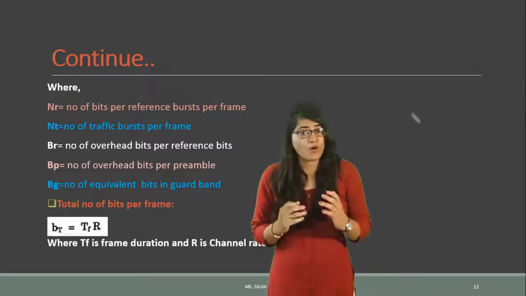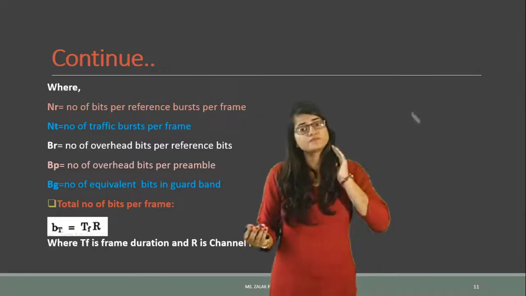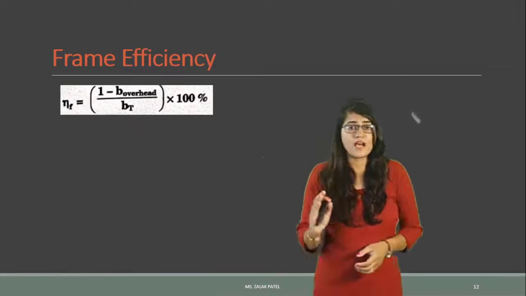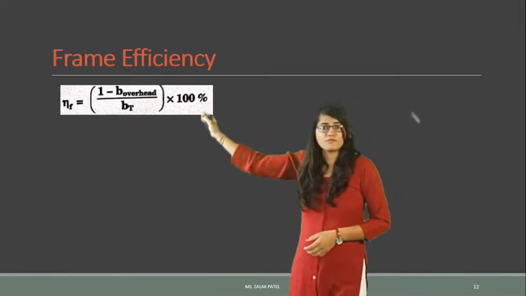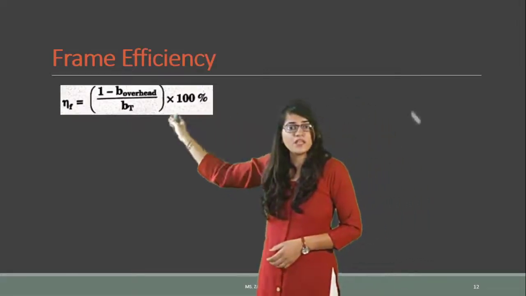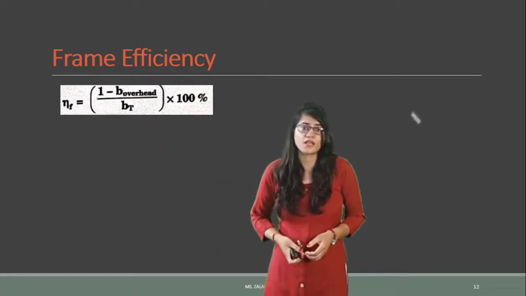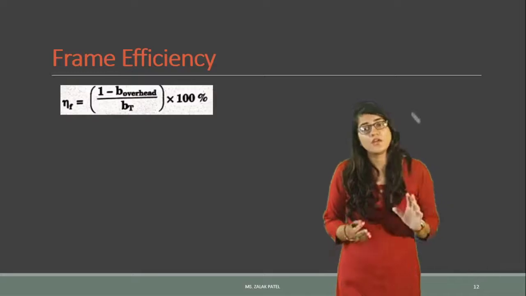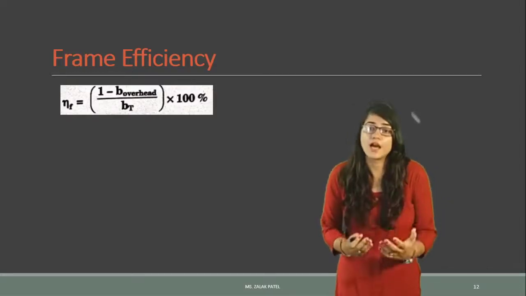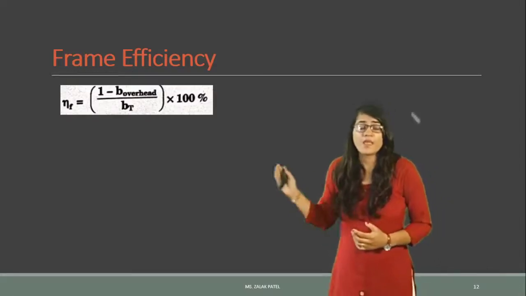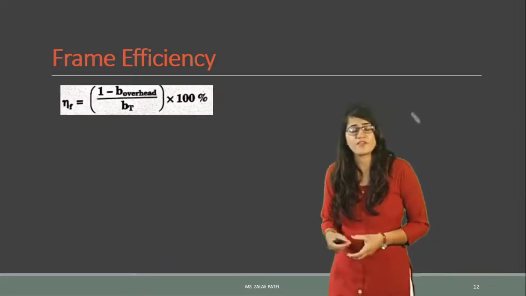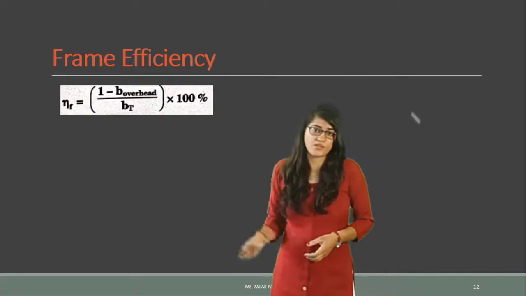By using all these terms, we can calculate the TDMA frame efficiency. It is given by the formula eta m is equal to 1 minus bit overhead upon Bt, into 100, because we want to calculate it as a percentage, where bit overhead can be calculated from the terms NR, NT and so on, and Bt is the total number of bits. So we can calculate the frame efficiency by using this equation.